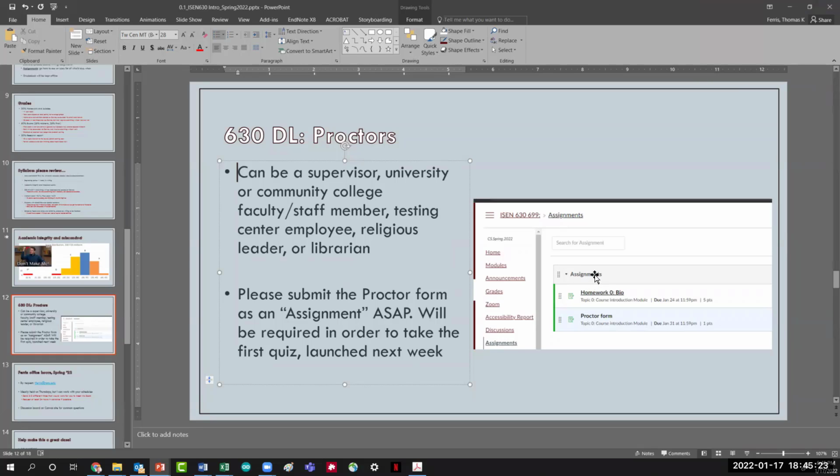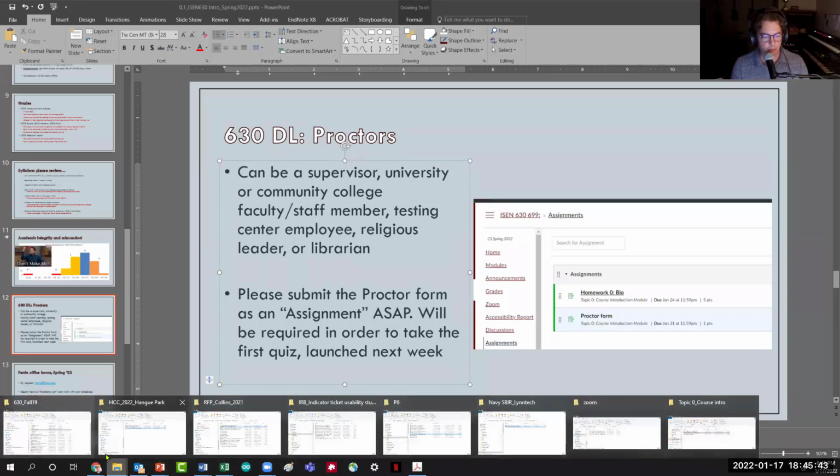Doctor, just for me to clarify about the proctor thing, because this is the first time that I'm doing it. When we take the exam, you want the proctor to be physically present with that. Yes. So hang on a second. Let's open this thing.